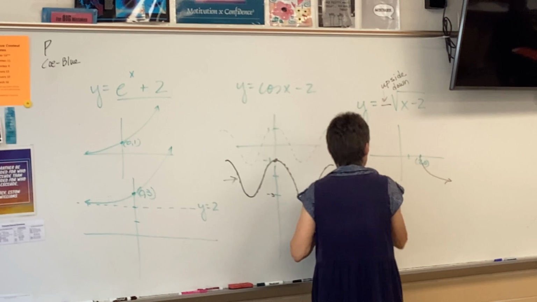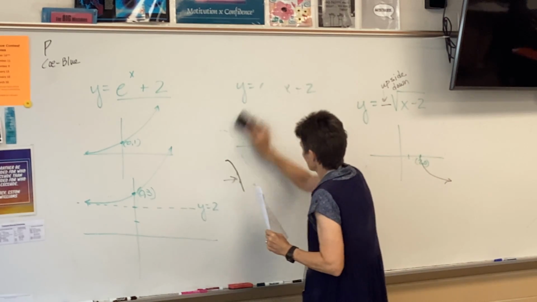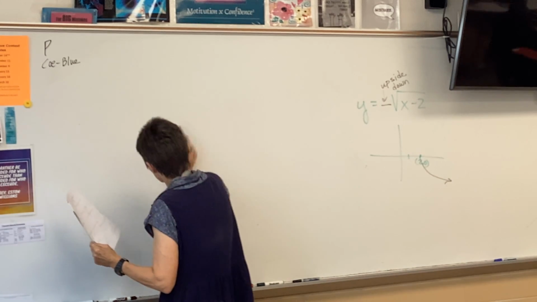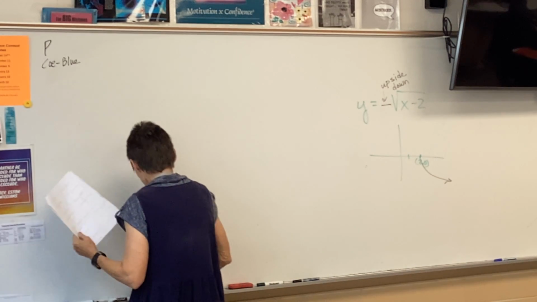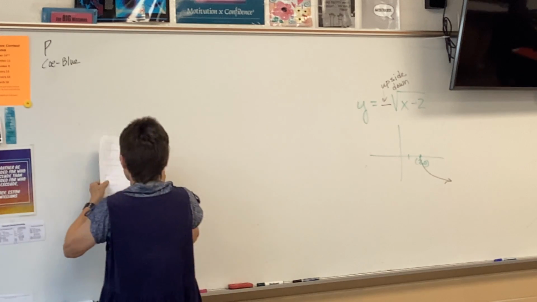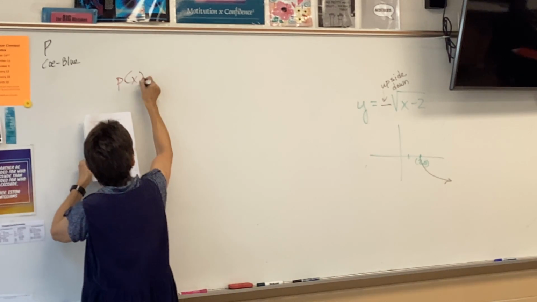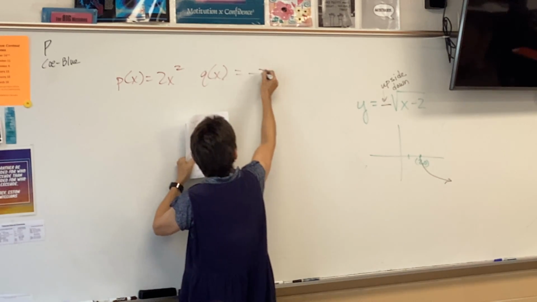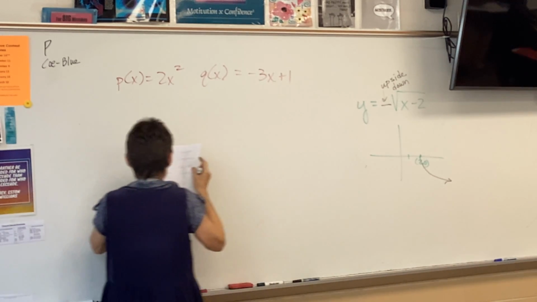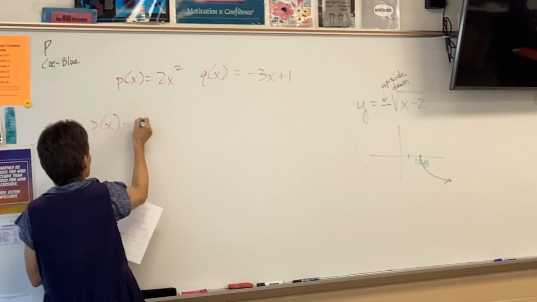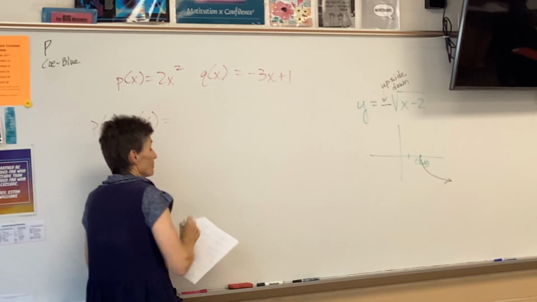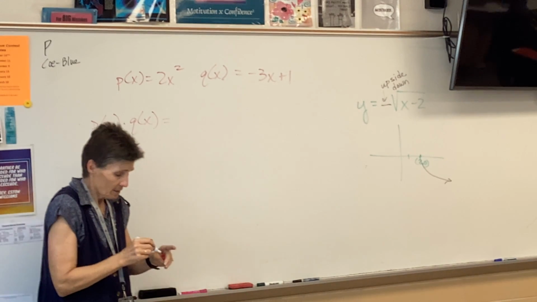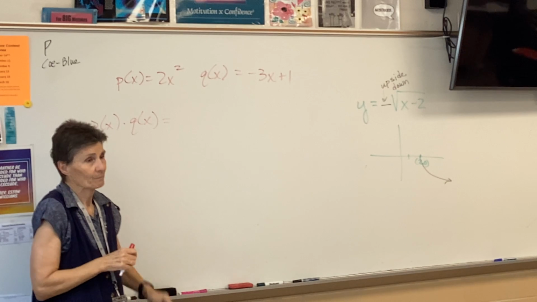Now we're at the function part. So we have a P function and a Q function. And we're going to find P of X times Q of X. If you make this hard, I don't know what I'm going to do.